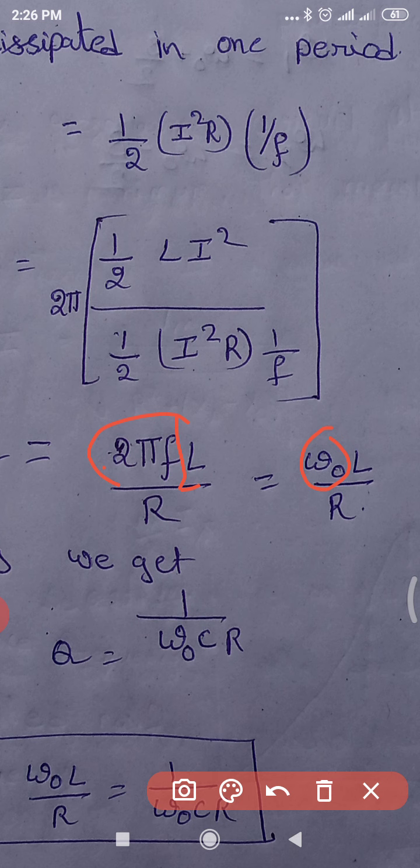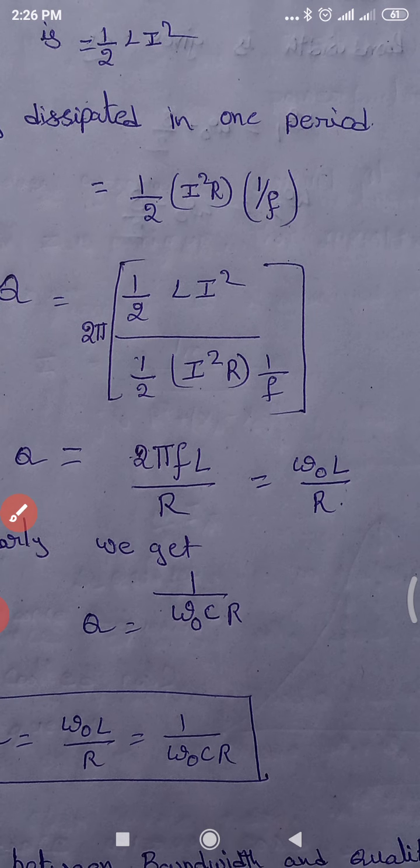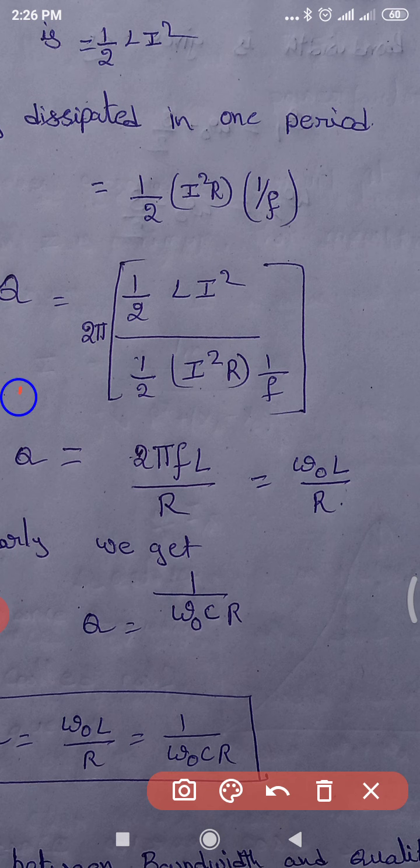So if the circuit is inductive, the formula for quality factor is this one, and if the circuit is capacitive, the formula for quality factor is 1 by omega naught C R. So we can use either this formula or this formula for calculation of the quality factor.